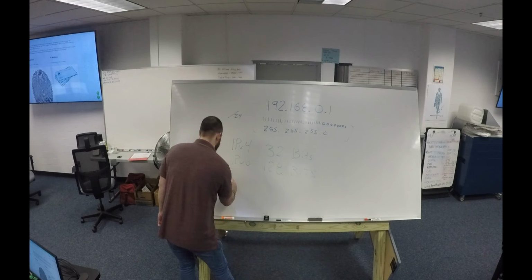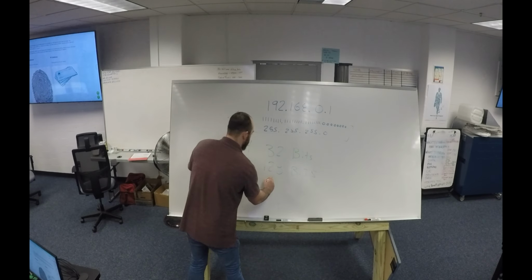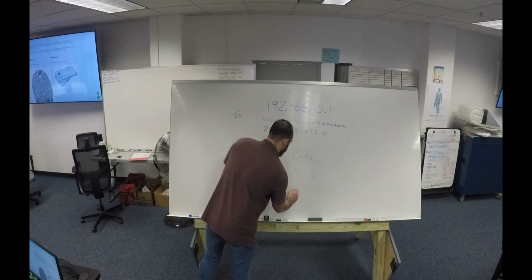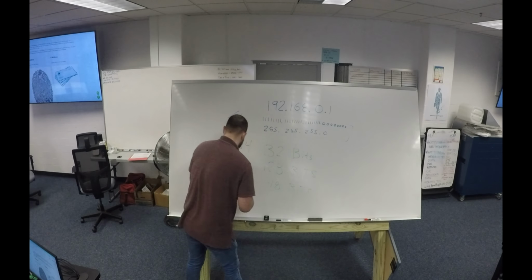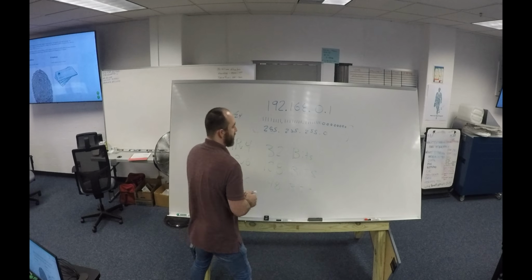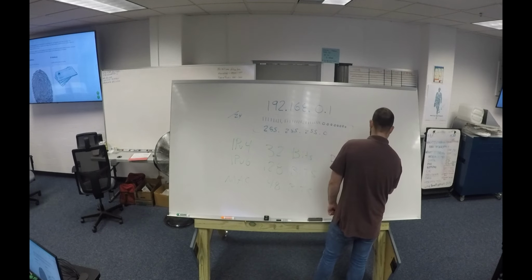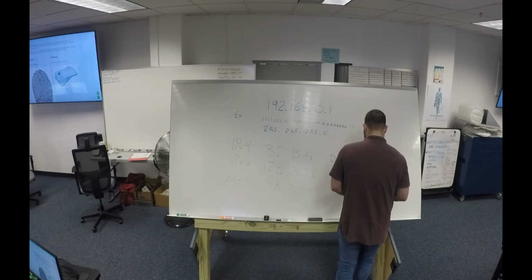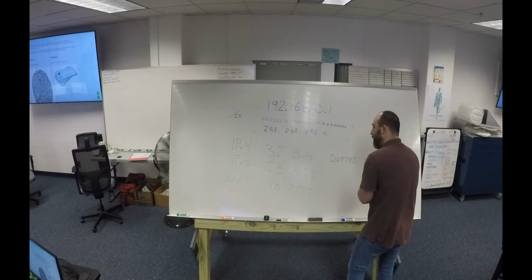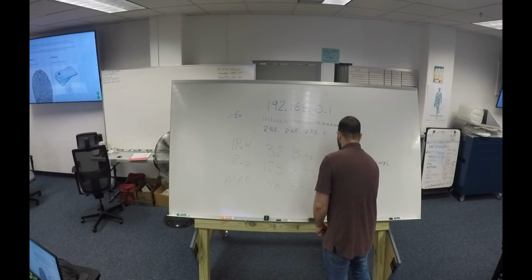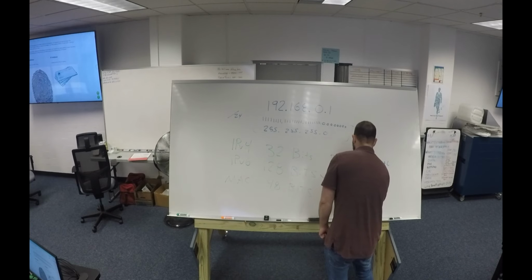A MAC address is how many bits? 48 bits. IPv4 is in dotted decimal. Both MAC and IPv6 are written in hexadecimal.